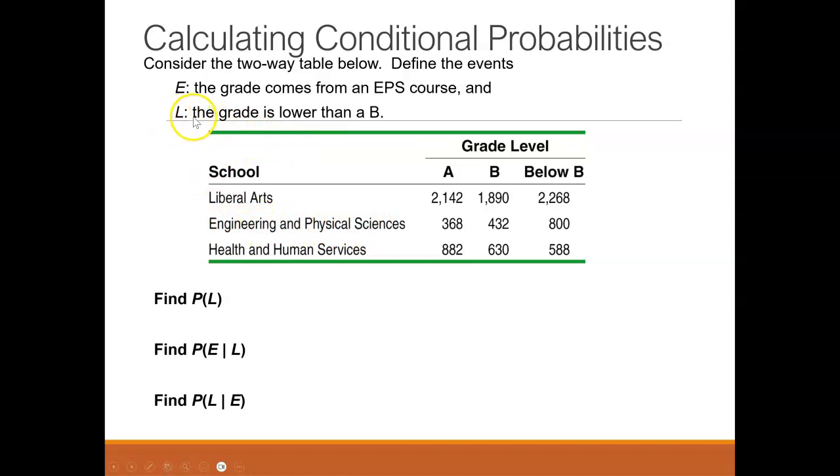And L is the event the grade is lower than a B. So if I want the probability of L, I add up all the things, okay? So I should have 3656 out of 10,000, right?